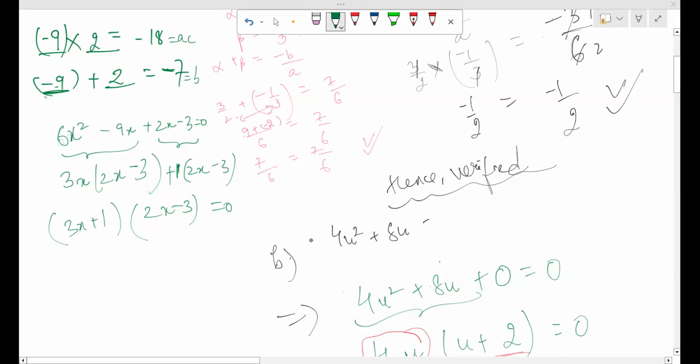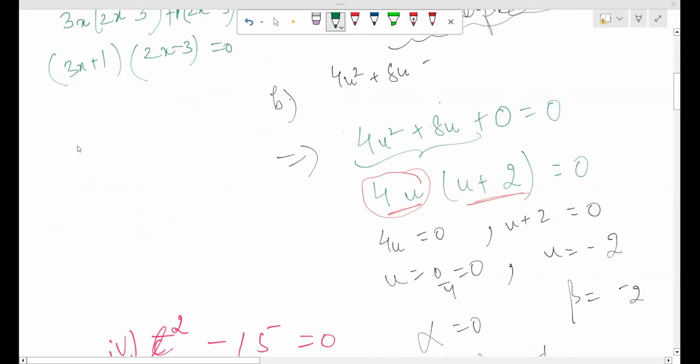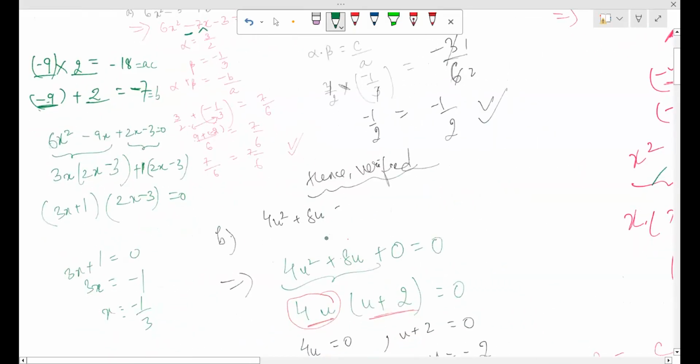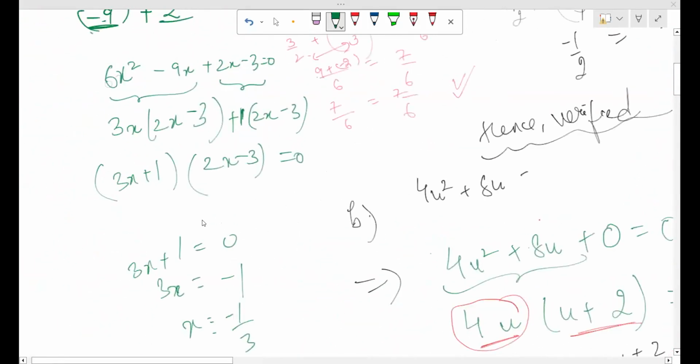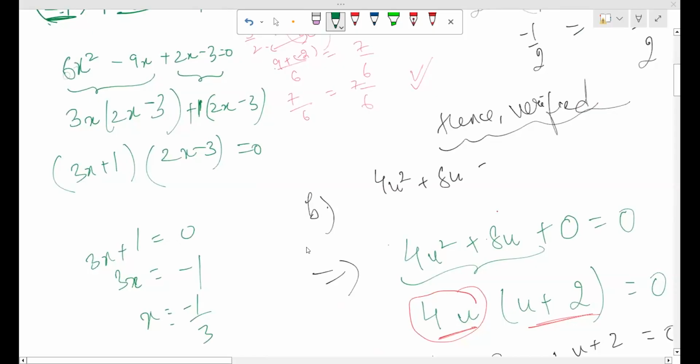What will it give you for the value of x? ठीक है, दूसरे वाले का निकालो. एटलीस्ट दूसरे वाले का तो बताओ मुझे. 2x minus 3 is equals to 0.